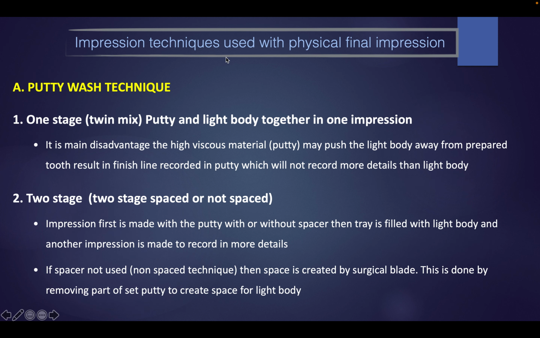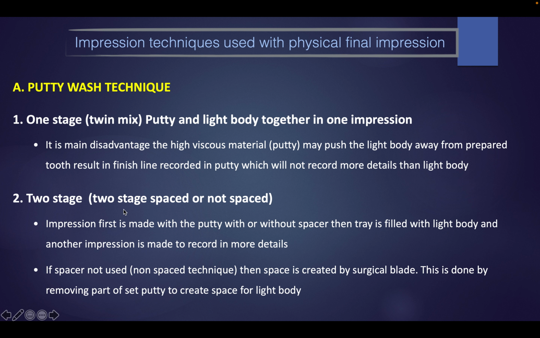Now, impression techniques. There are a couple of techniques. Putty wash, where you would do one stage. You put the putty in the tray and the wash in the patient's mouth, and then you impress, and it's one impression.